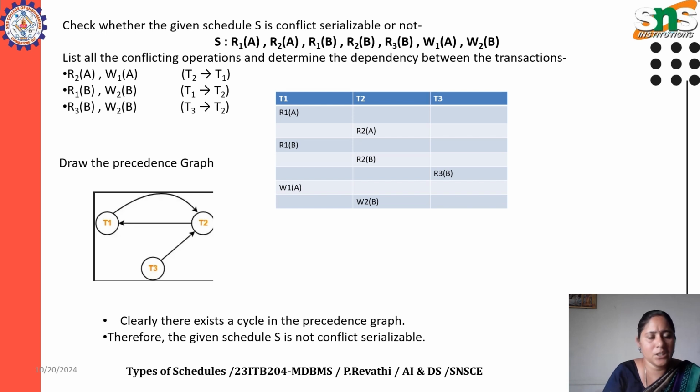Again, T3 to T2 you have to draw. So there are three dependencies. Clearly, there exists a cycle in the precedence graph, because T1 goes to T2 and T2 goes to T1. Therefore, the given schedule S is not conflict serializable.